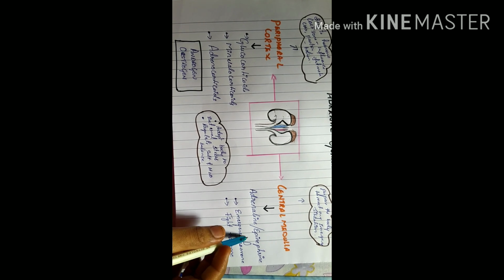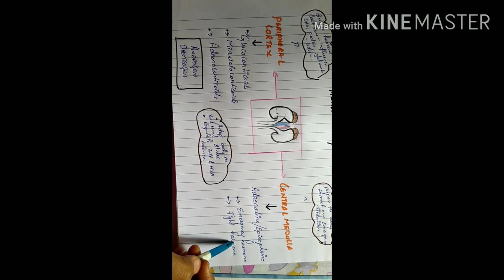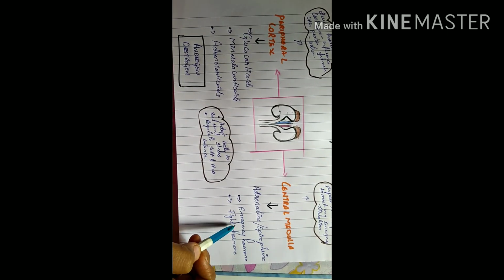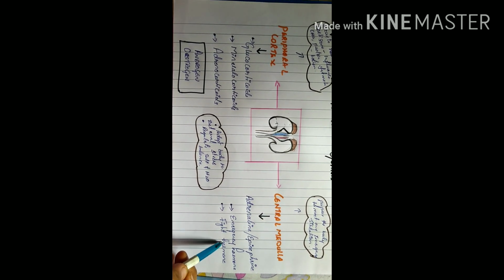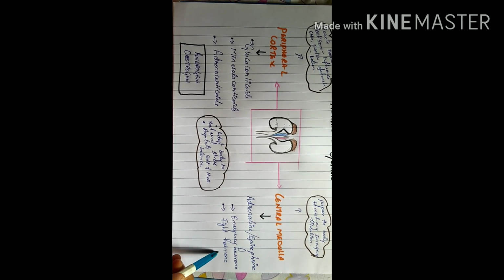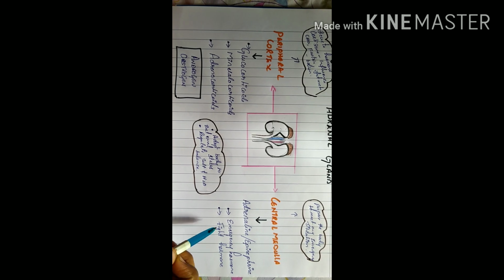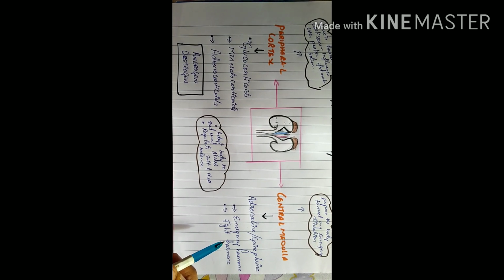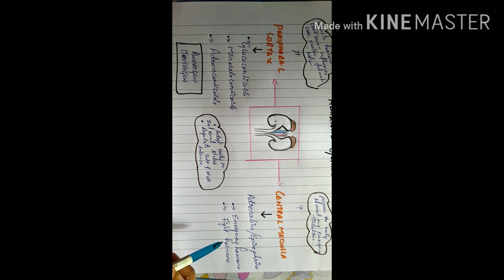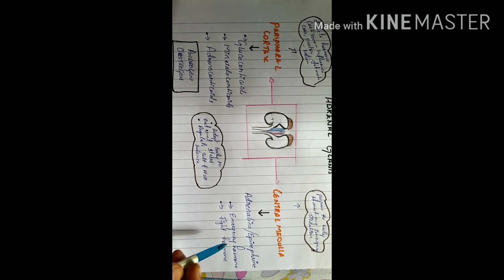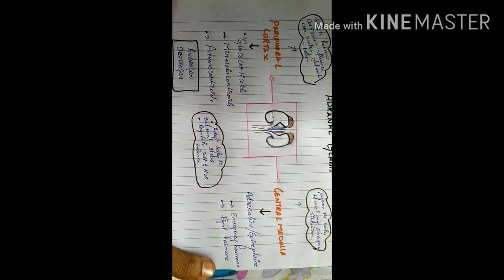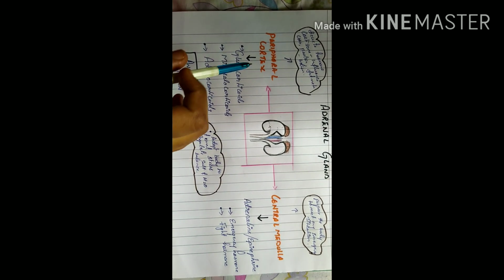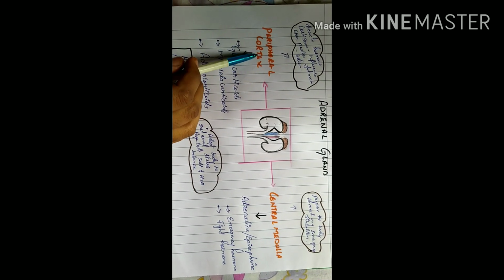It prepares the body to meet any emergency situation, so it is also called the fight hormone. It plays a very significant role in maintaining proper body temperature and blood pressure level during such emergency situations.